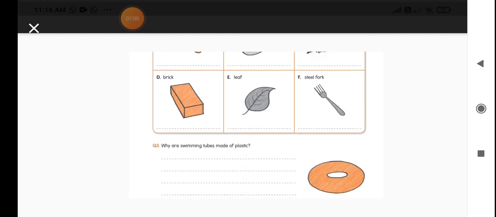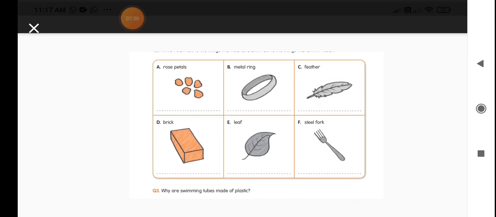So you have to divide the materials like this, which are showing sink property, which are mixing property, and which are showing floating property. Why are swimming tubes made of plastic? Because plastic will float on the water, so that by sitting on it, people can enjoy. That's why we are using the floating property, and we are using swimming tubes for swimming.